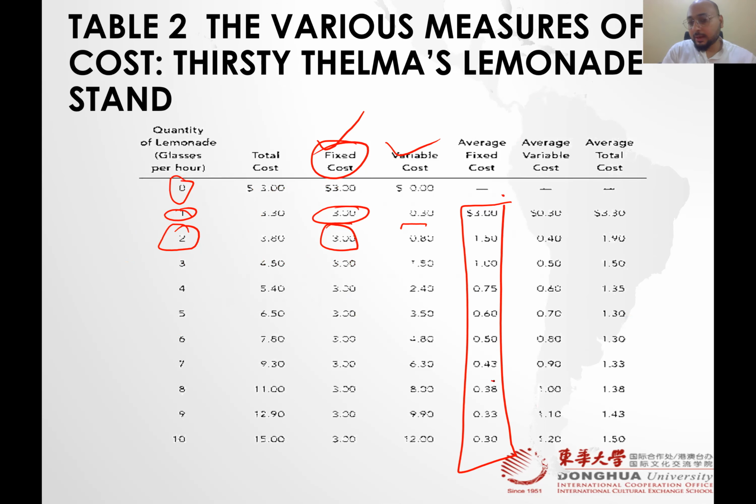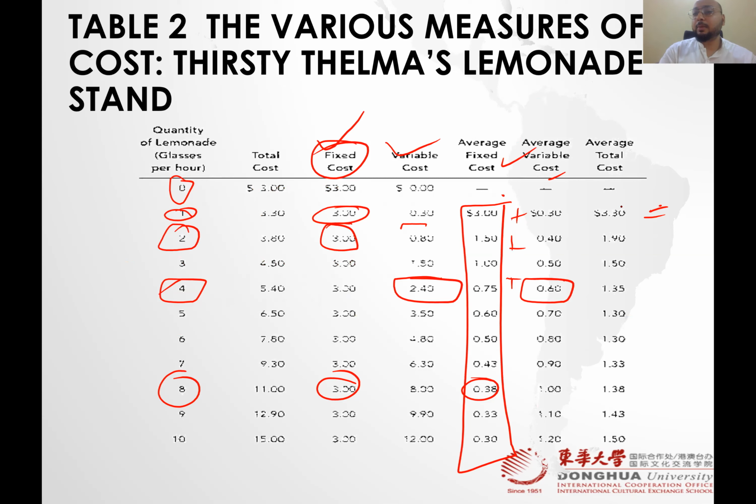Where is this 0.38 coming from? 3 divided by 8. How about the variable cost? Average variable cost is coming from variable cost divided by output; for example, this 0.6. So there are 2 ways to find the average total cost. You add average fixed cost plus average variable cost. So 3.3 comes from 3 plus 0.3, right?